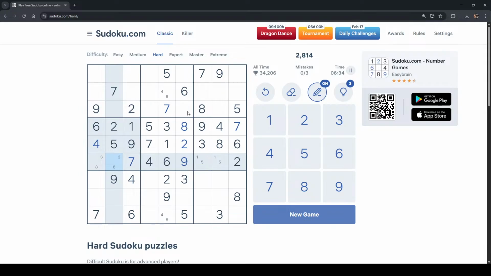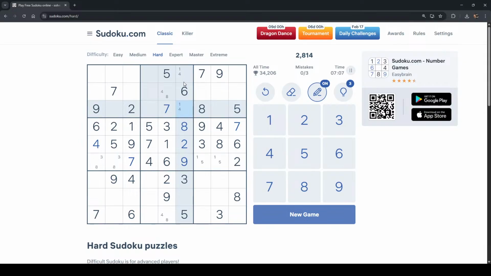Now maybe we can look at the sixth column, which has like 6 numbers filled out of the 9. This column. So what are the missing ones? The missing ones are 1, 4 and 7. So 1, 4 and 7, we see a 7 over there already in this box. So that means 1 or 4 is probable. Similarly, 1 and 4 are the possible candidates for these two cells.